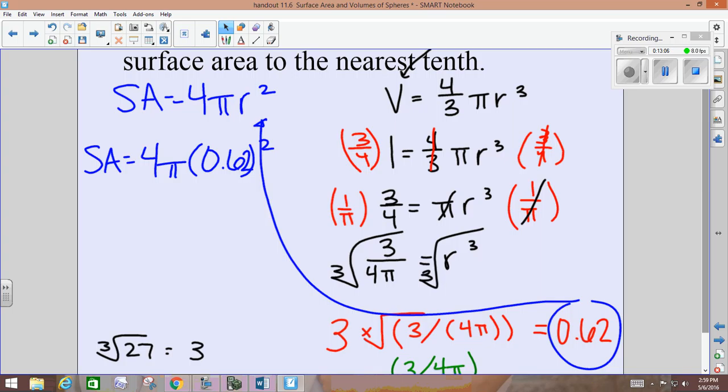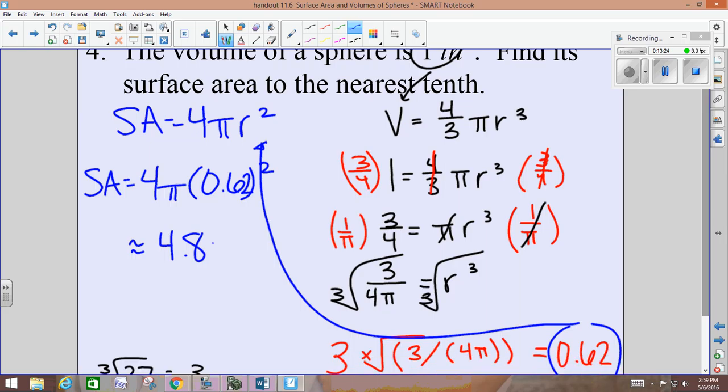Is this the 4.831 or something? It is? Okay. Yeah, that would make sense. Never mind. Inches squared.